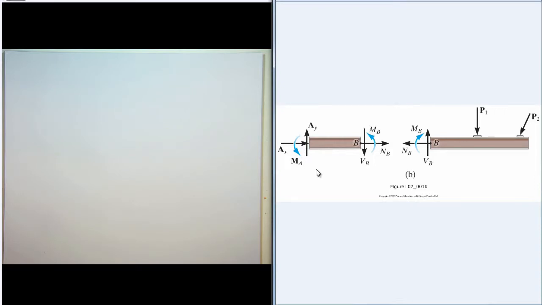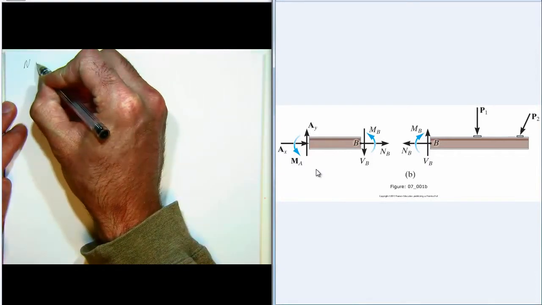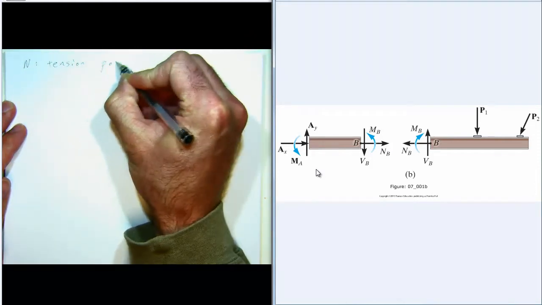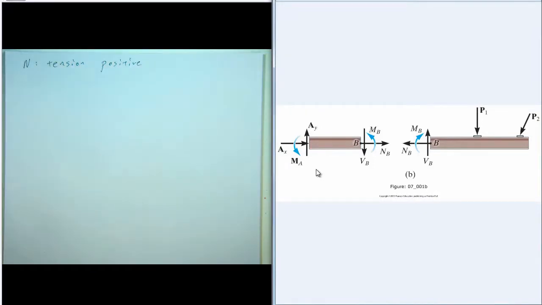Now there are certain sign conventions when working with these internal loadings, and they are as follows. For the normal force, tension is positive. You can see that the normal forces for both these sections are shown as positive, so it's good to just draw them in their positive sense.